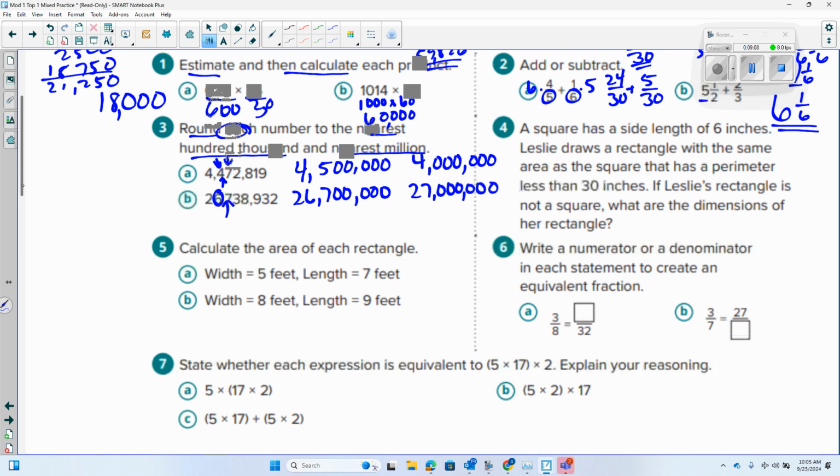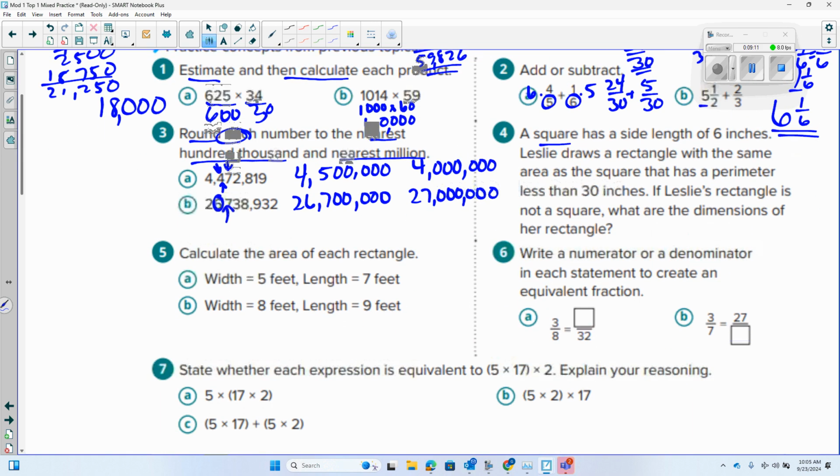Got to switch video. A square has a side length of 6 inches. Leslie drew a rectangle with the same area as the square that has a perimeter less than 30 inches. If Leslie's rectangle is not a square, what are the dimensions of her rectangle? So this one actually will help you out a lot. I know I've got a square with a side length of 6, and each side is 6 inches, correct?